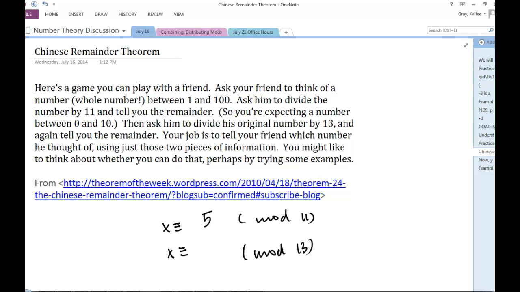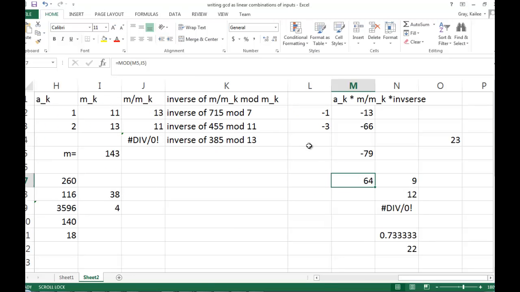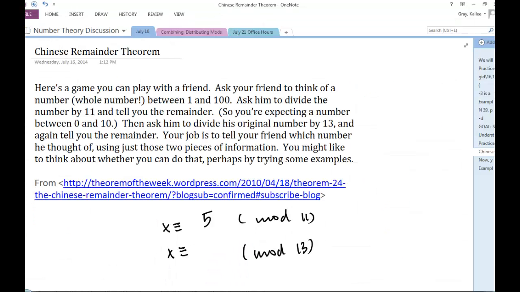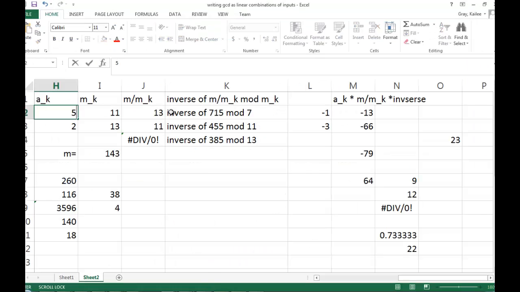Okay. And you're thinking I should have the remainder of 5 left over still? Nope, that's just another piece of information. So now we're kind of switching gears and thinking about 13 instead.